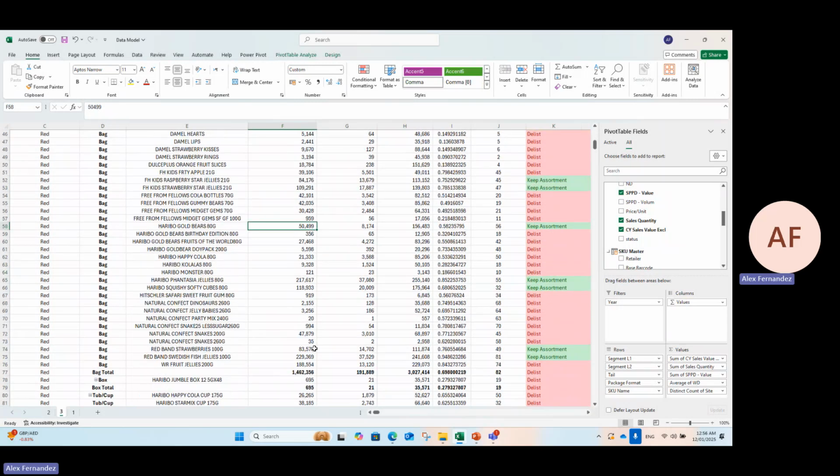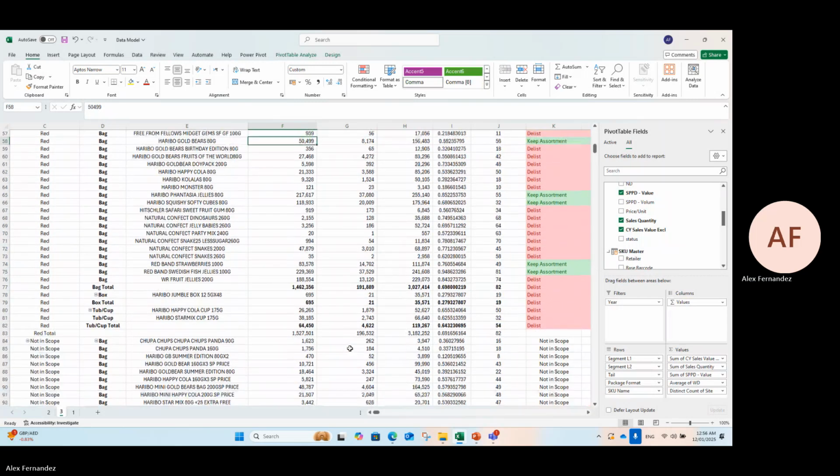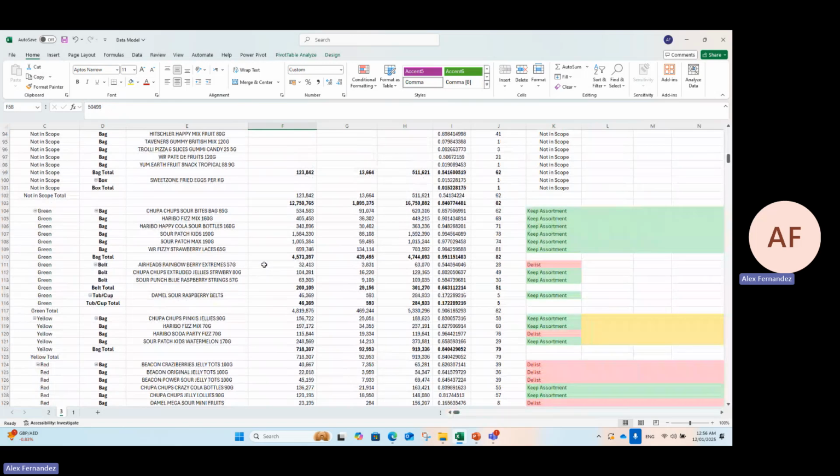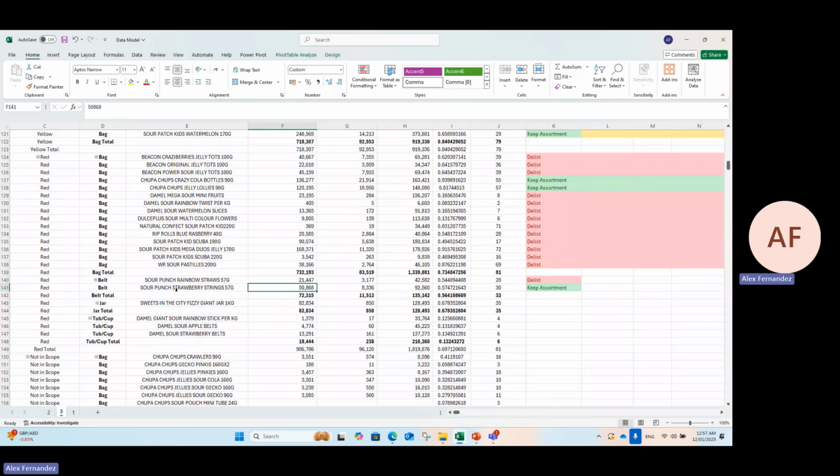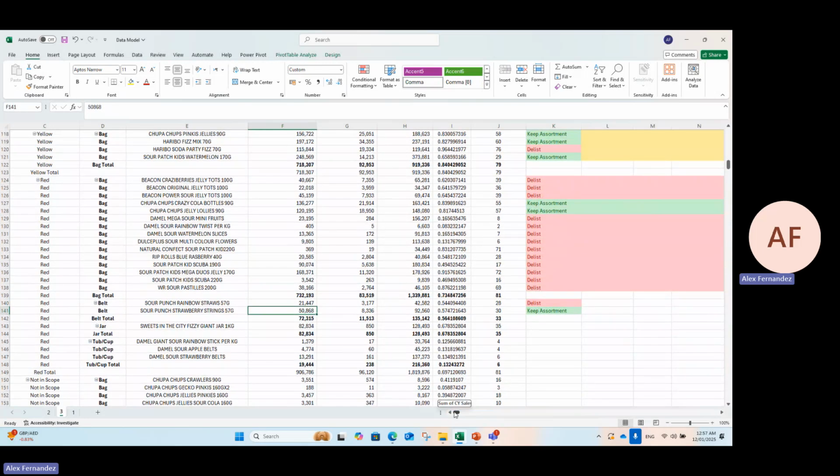Okay, let's go back to our, nothing has changed. Let's go back here to sour punch. So do delist. So we'll keep it to delist. Okay, so this is gems. Sugar coated gems.